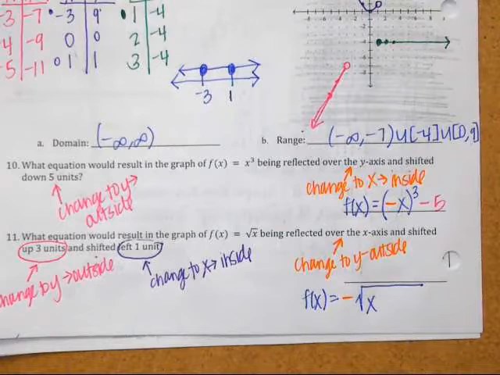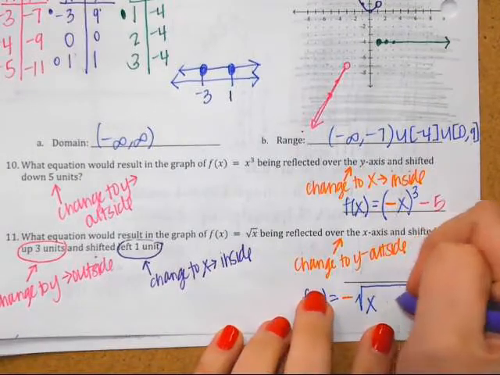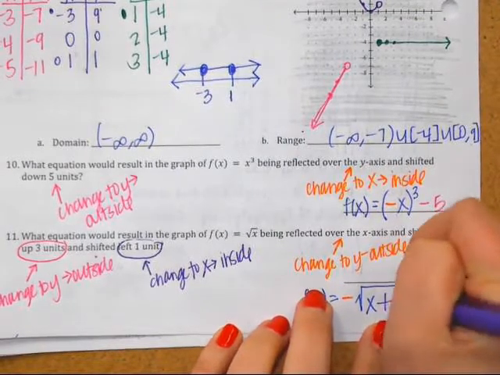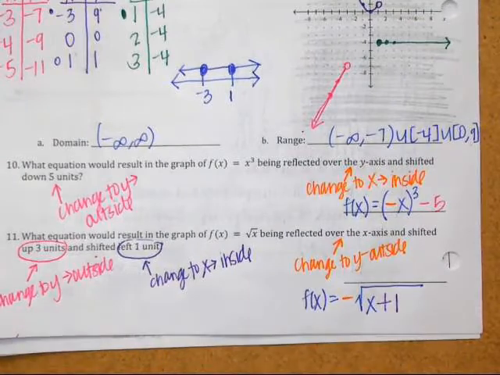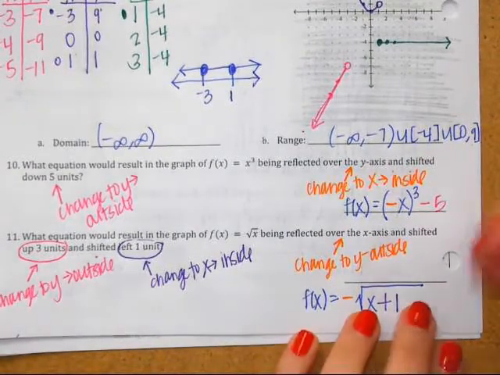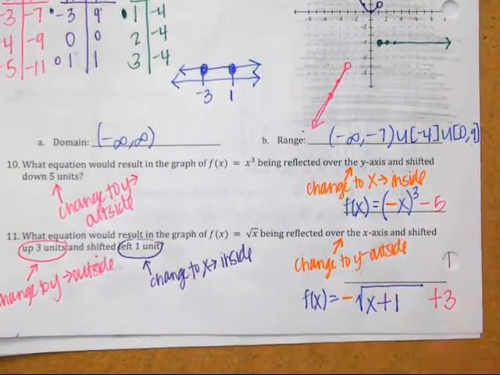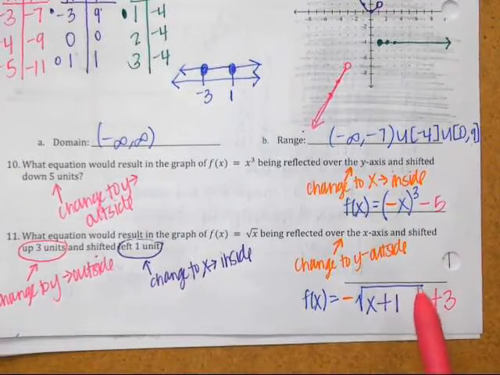It's inside the square root. When it's left, that moves it in the negative direction. Remember, x is always the opposite operation. So that would be a plus 1. And then up 3 units would be outside the square root, so plus 3. Make sure if you're doing it, you make sure it's outside of the square root, not under it.